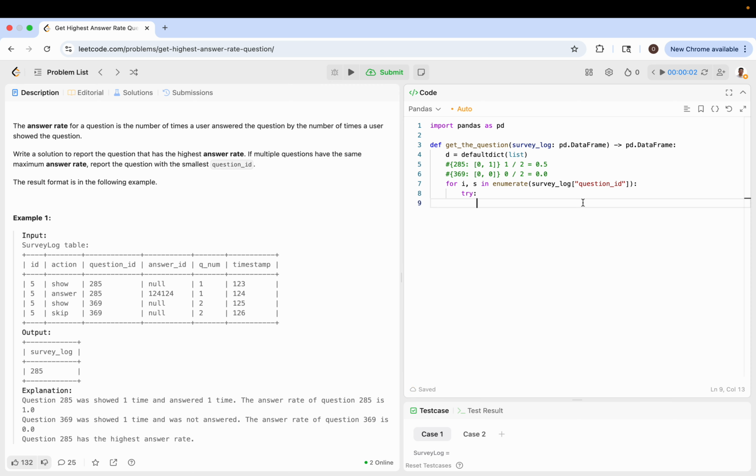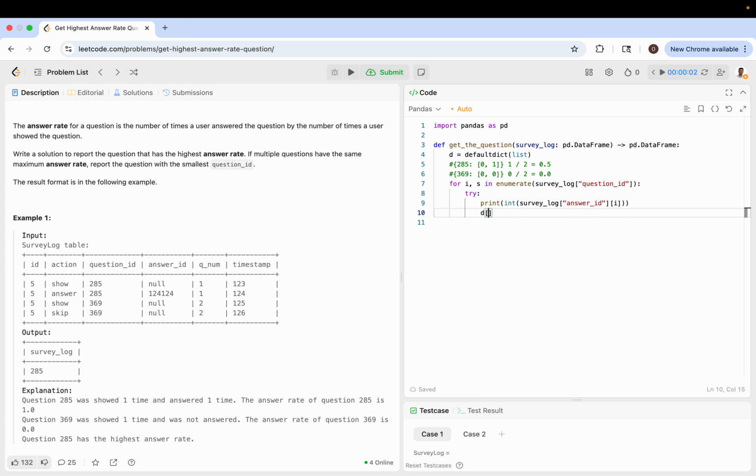So if we can turn the integer of survey log answer ID of i, then obviously ds.append 1. If we can't, then ds.append 0, because nulls are 0, any digit is 1.